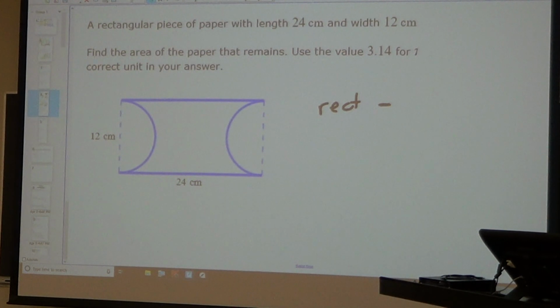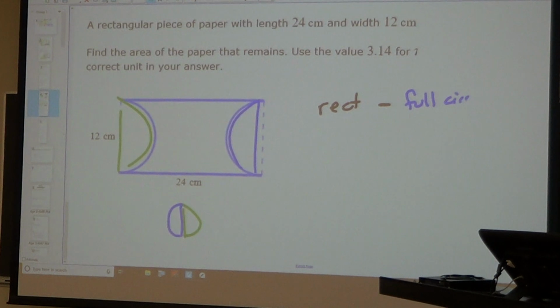Well, when we put it together, it should be a whole. Think of an Easter egg. When I put that piece and this piece together, it makes a whole circle. It's like two little Easter eggs. So I am subtracting a full circle. Those two halves make a whole. So I'm gonna do length times width, and I'm gonna do pi r squared.